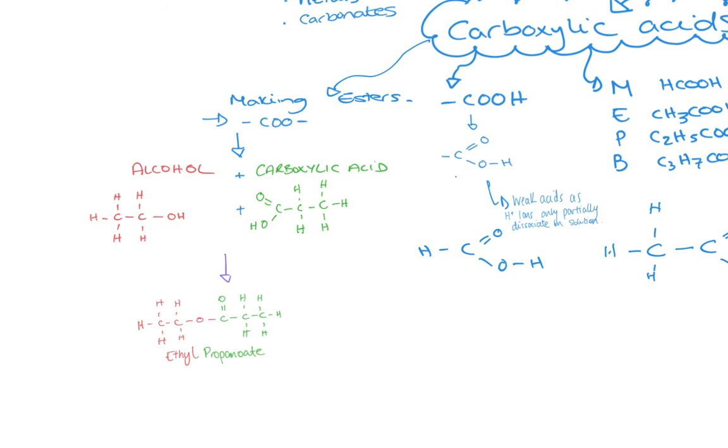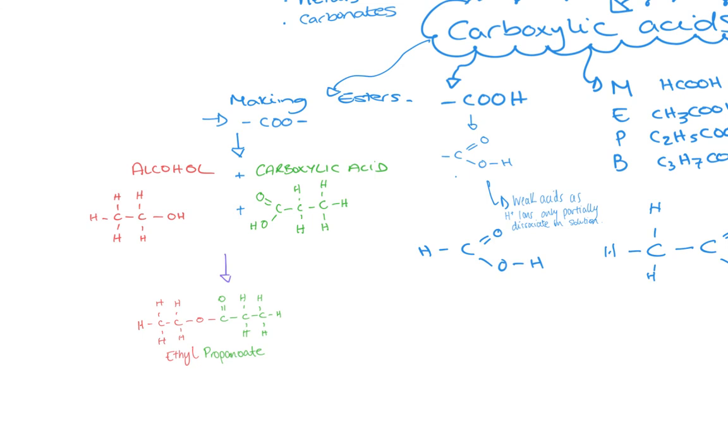Now, esters are made by reacting alcohols and carboxylic acids. Those who are more eagle-eyed will realize that this looks very similar to a condensation reaction, and it's exactly what it is. This is the same initial reaction that you would have in a condensation polymerization. So what happens? Here you've got your alcohol, and here you have your carboxylic acid. In this reaction, water is formed.